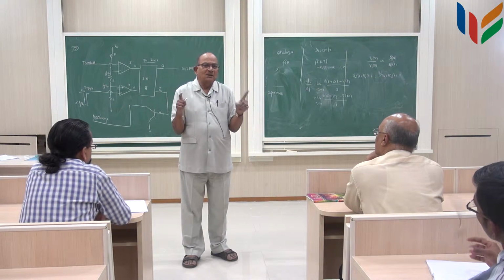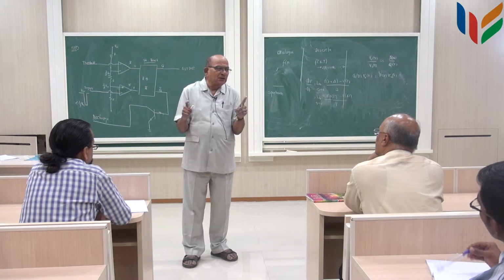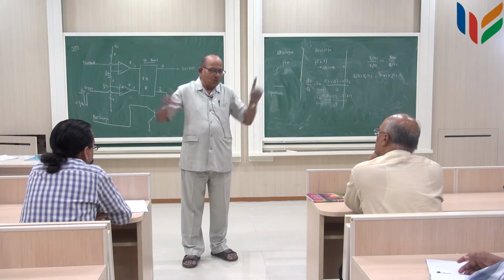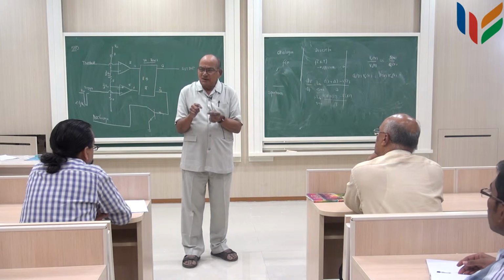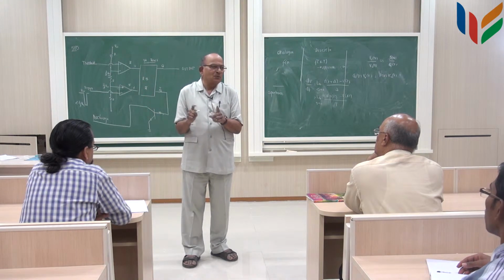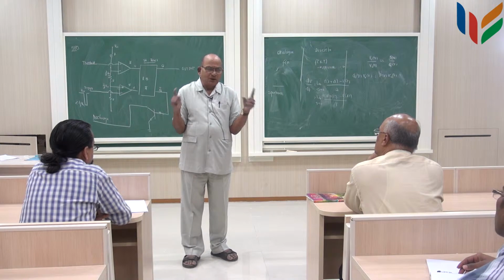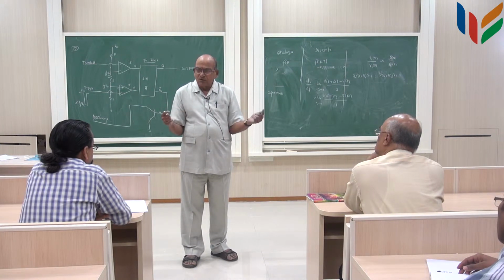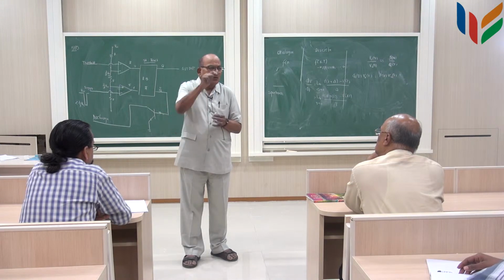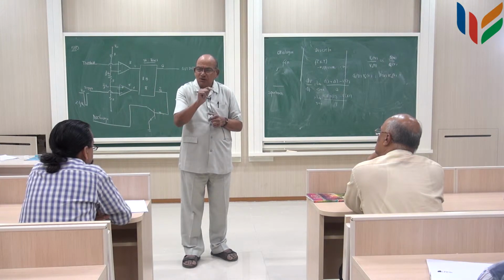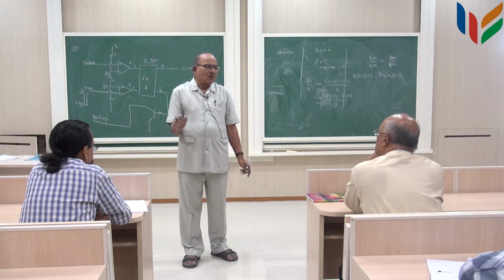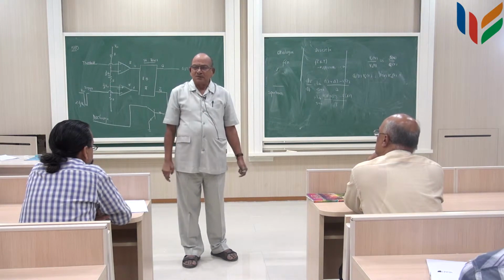Because if you have a signal of a time duration T, how many samples will you have? Total duration divided by T. So, this is a finite set of samples for a given signal of duration T seconds, and similarly noise also of T seconds, and each one of these points corresponding to signal as well as noise is a point in the n-dimensional space, like 2-dimensional, 3-dimensional, n-dimensional space in general.